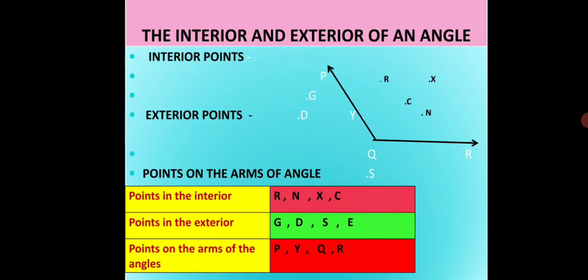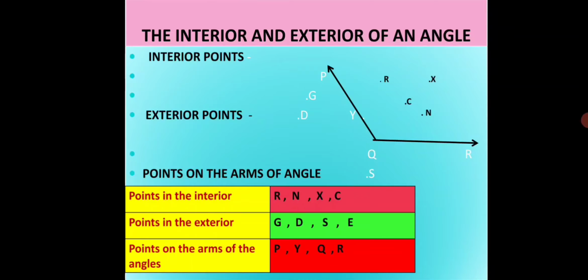Okay. Now let us move on to the next concept, that is the interior and the exterior of an angle. Look at the figure alongside. You can see some points are plotted in the interior, exterior and on the angle. Let us know exactly what those points are. In this figure the angle is angle PQR.